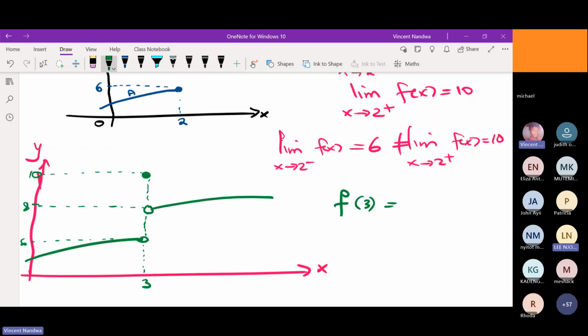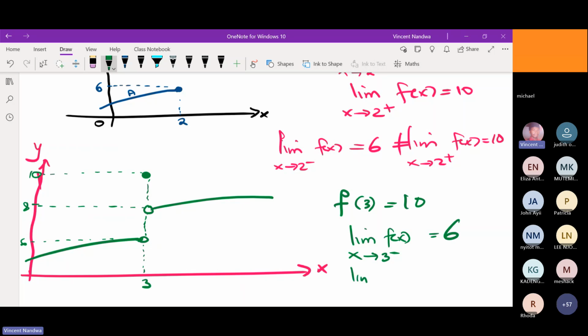10, correct? And what is the limit of f of x as x approaches 3 from the left? 6.